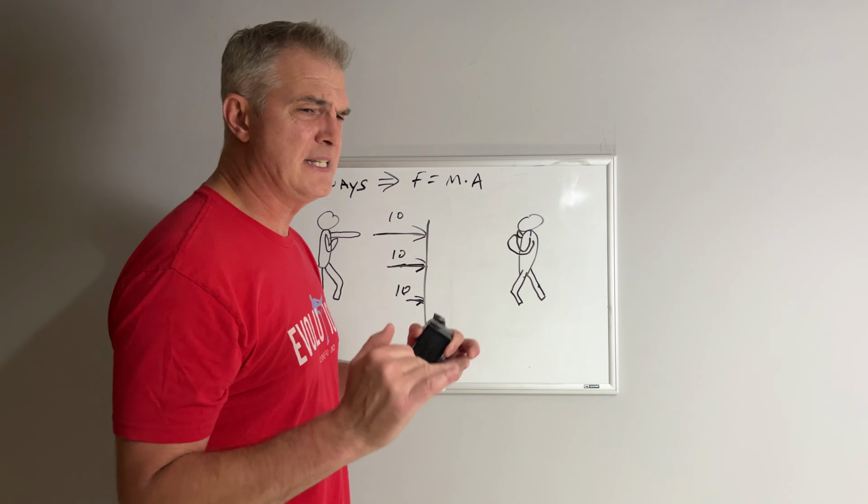So if I weigh 200, and this person weighs 200, and I've got 10, 10, 10, 10, and they've got 10. If we do just me, 10, 20, 30, 40, what's the math on 40? 8,000. Pretty cool, huh?